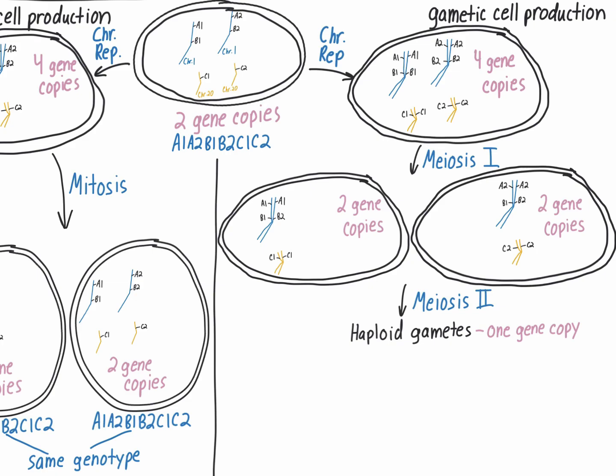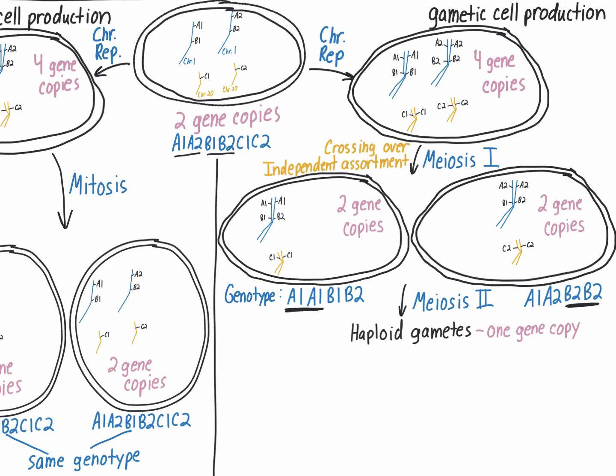However, unlike in mitosis, the genotypes of these 2 cells are different from the parent cell, because of processes called crossing over and independent assortment, which we'll cover later in the course. Both of these cells divide again during meiosis II, but this time without going through DNA replication first.